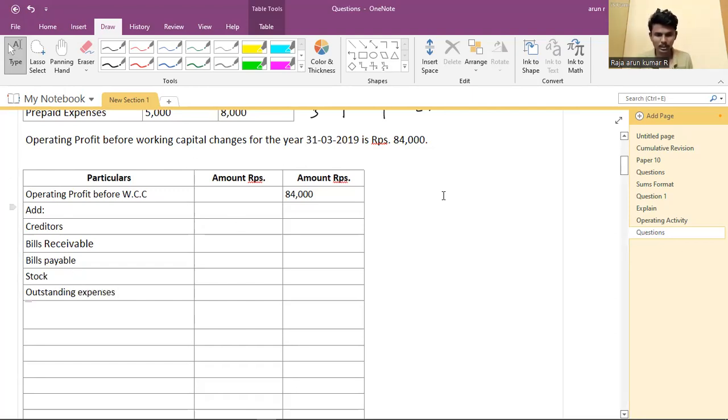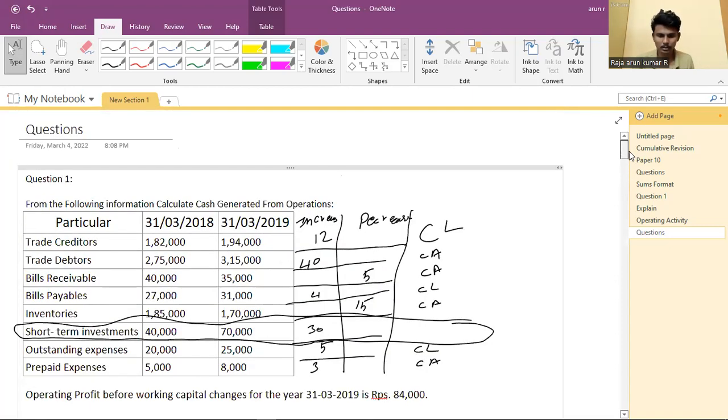Creditors, what amount is there? 12,000 difference.